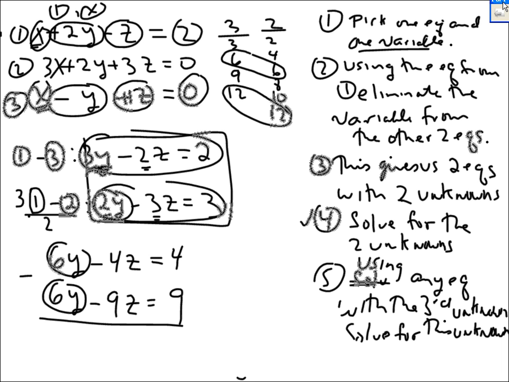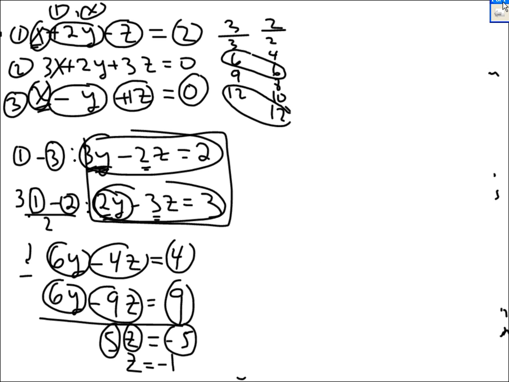The number is negative 1. So now we have z. Z is negative 1. Z is the magic number, negative 1.